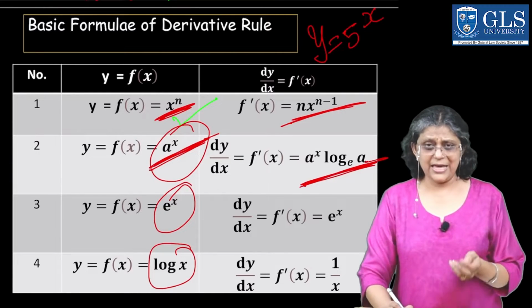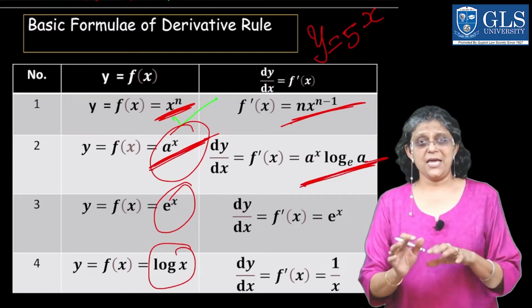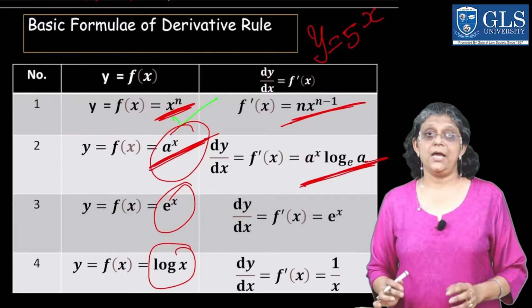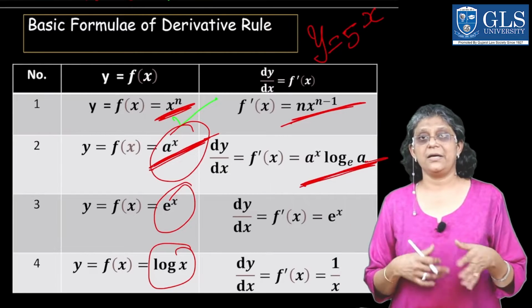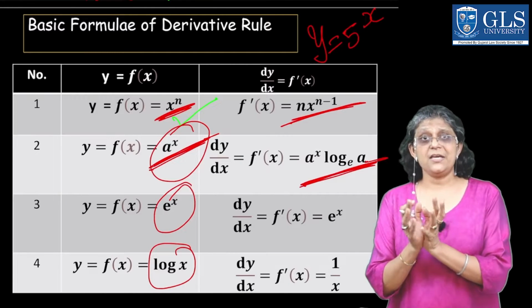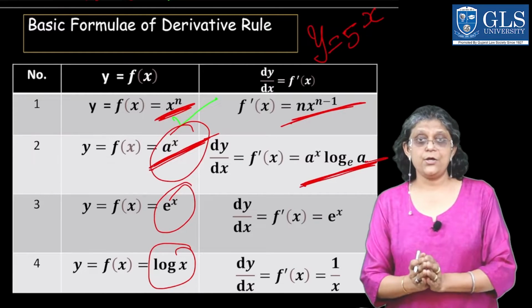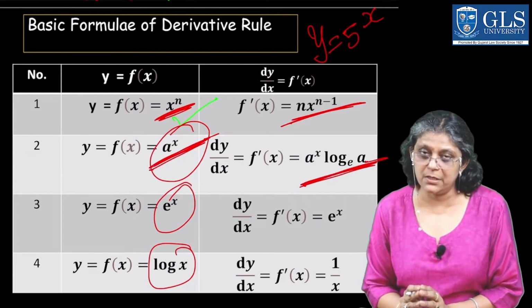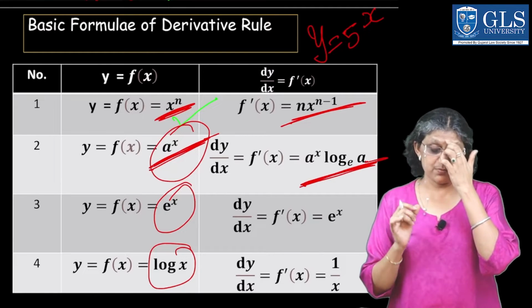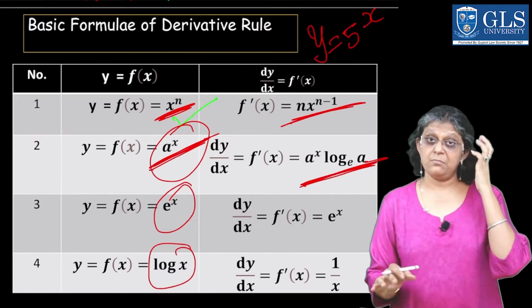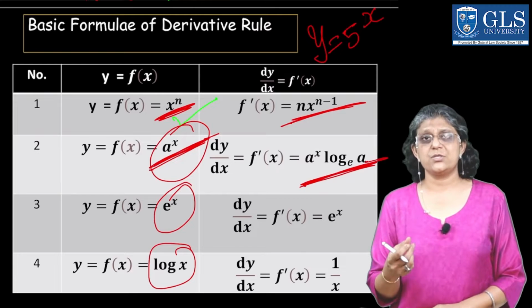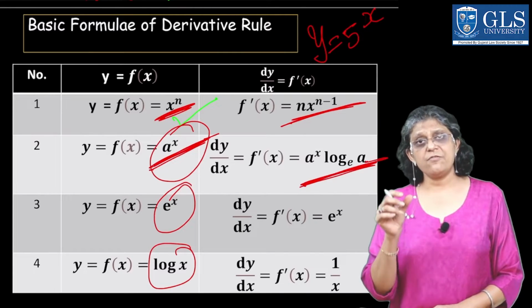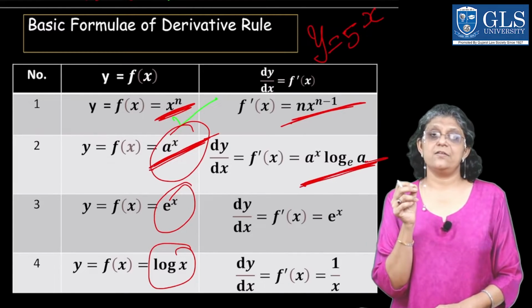Next is y is equal to e raised to x. अभी फर्क क्या है a और e का? See, a can be any number. A is 2, 4, 5, 1, -1, -2, anything. But e is some value that is 2.718. तो वो कई formulas में हमको physics में, chemistry में, even in math, statistics, we use this formula, and hence instead of writing that number, we just write the value e.